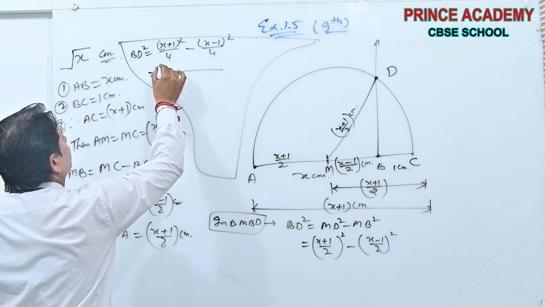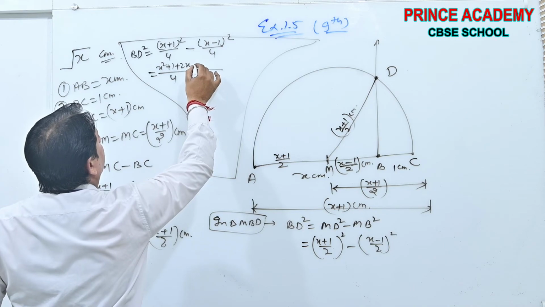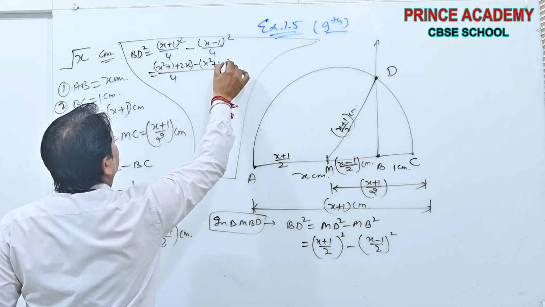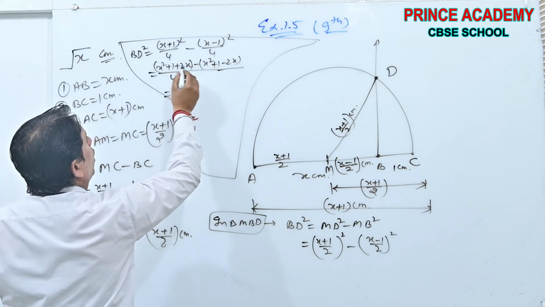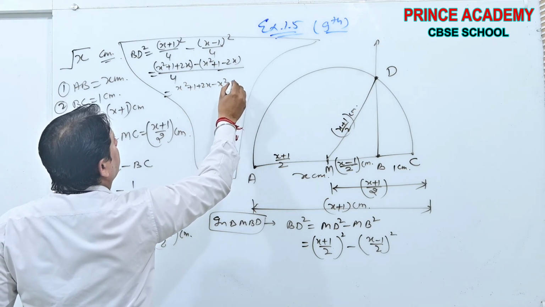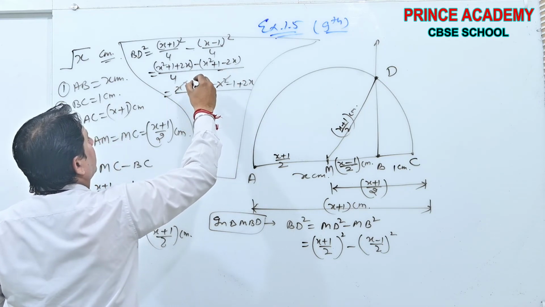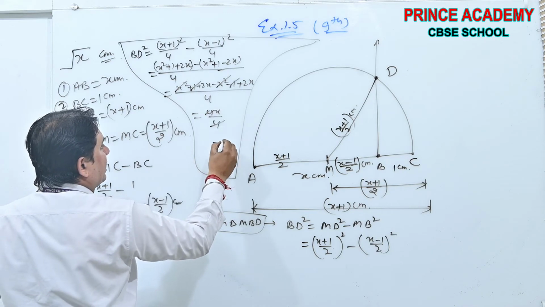See, beta, x square plus 1 plus 2x, and here it will be minus x square plus 1 minus 2x. Then you open the bracket. If you open the bracket, you will get x square plus 1 plus 2x minus x square minus 1 plus 2x by 4. X square cancelled, 1 cancelled. 4x by 4, you will get x.